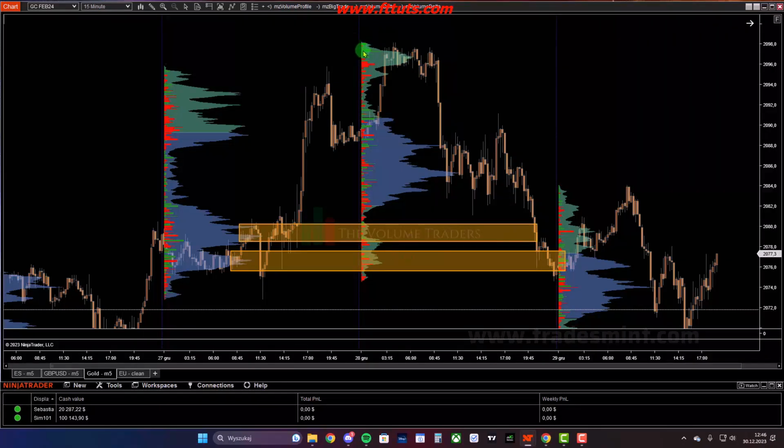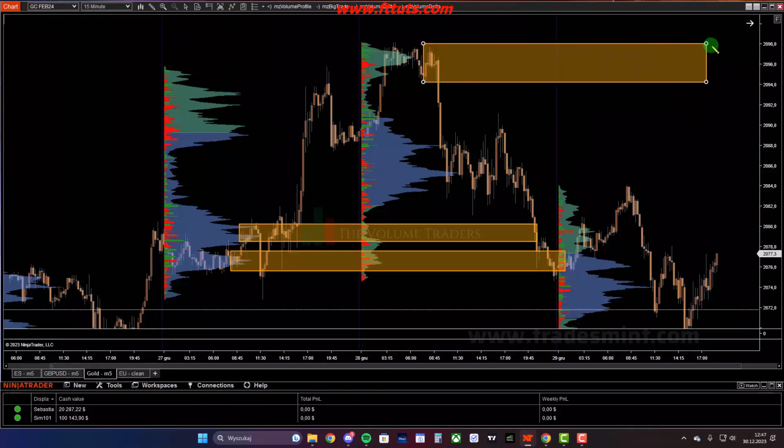And here we also see very high volume, and here was lower. So that looks like a supply, also with huge aggressivity to move the price down. Even without the volume profile, we could be waiting for that area in the future.